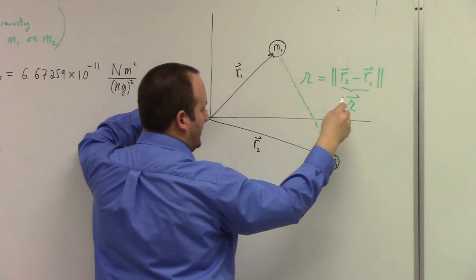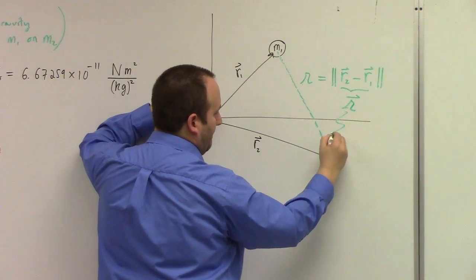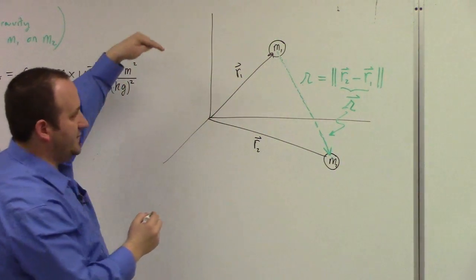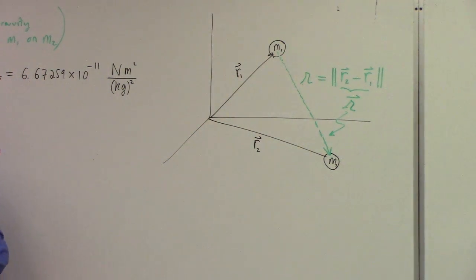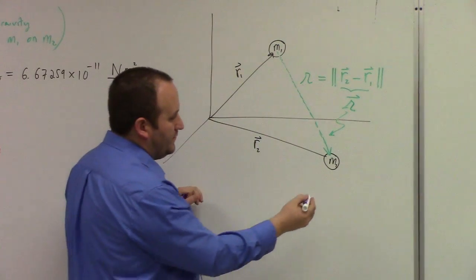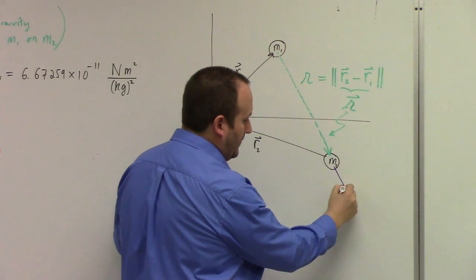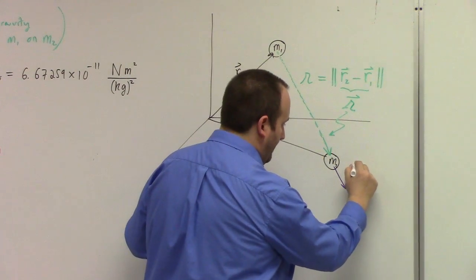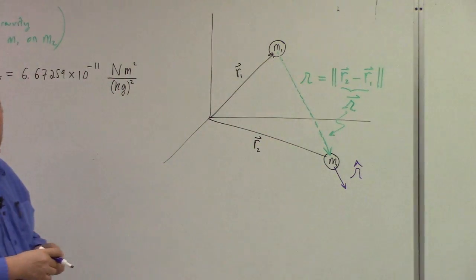This is the script r vector. It points from M1 to M2, as I have it set up at the moment. All right. Okay. So what's a unit vector in the script r direction? Looks like this, right? Agree?